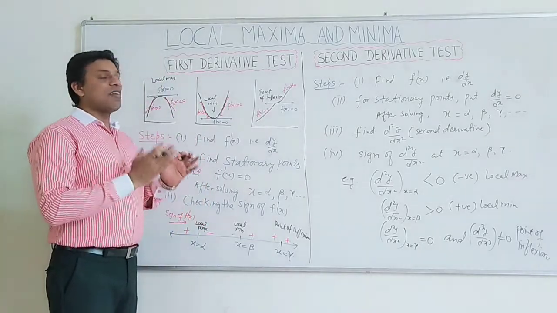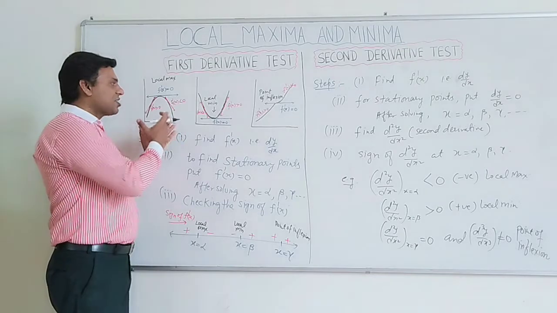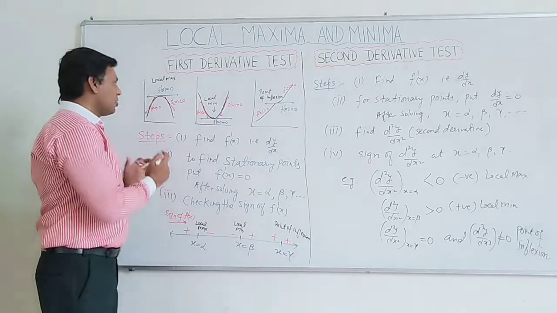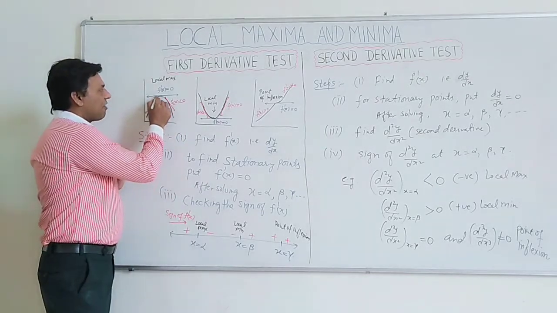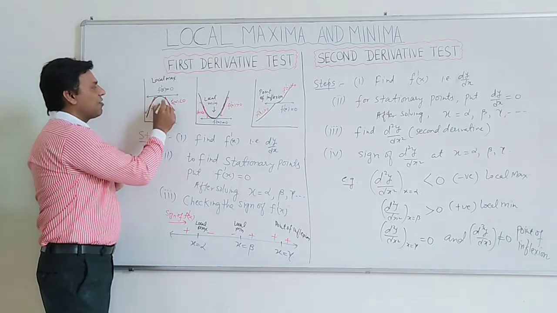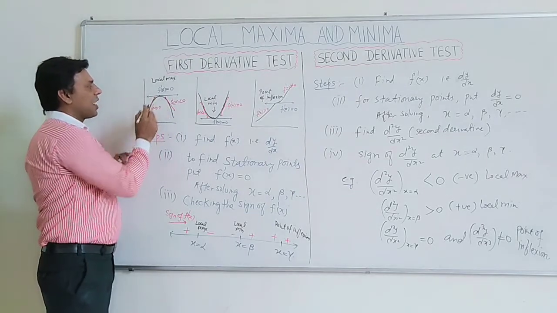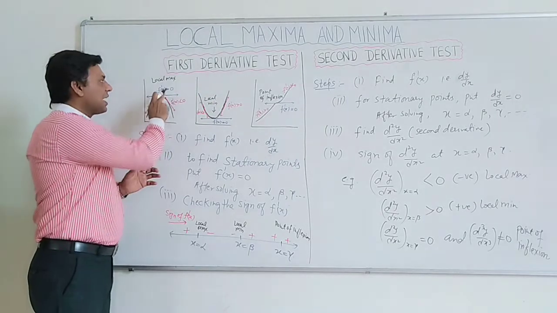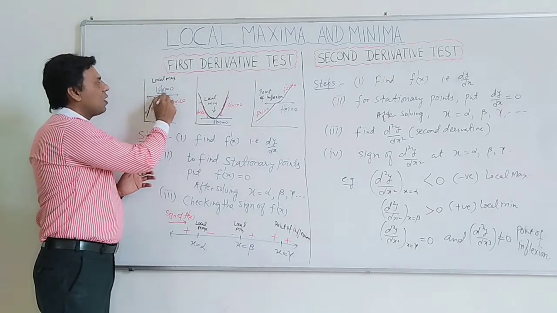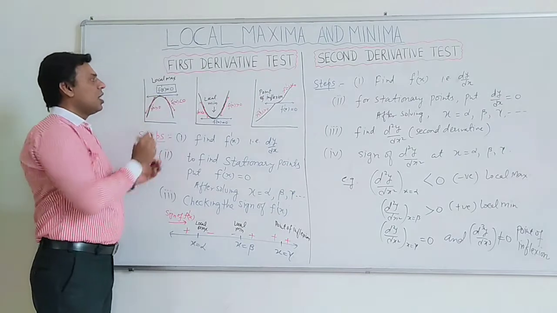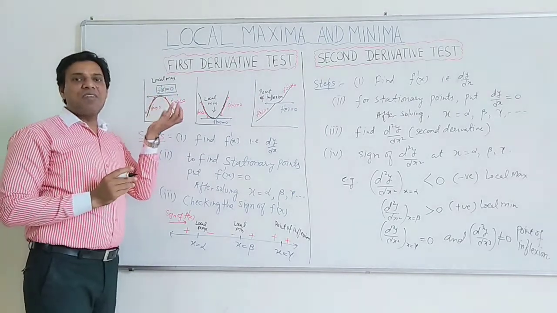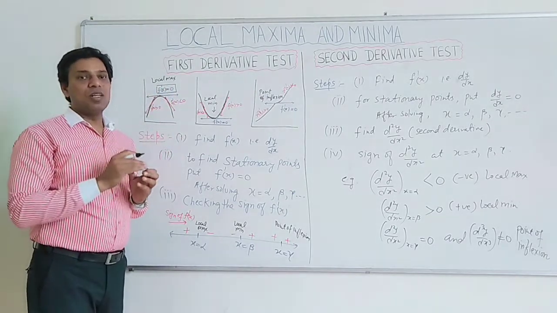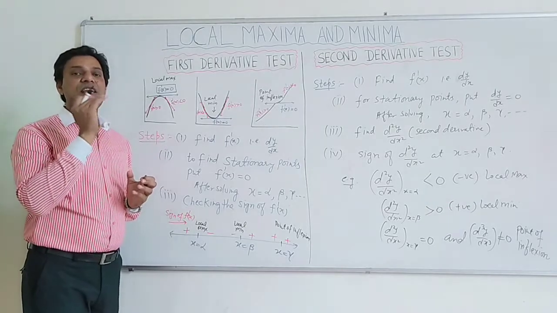To understand the first derivative test, let's see some situations. This graph is showing a trend that at this point the tangent is parallel to the x-axis, that is f'(x) = 0. Whenever f'(x) is equal to 0, that is called a stationary point.